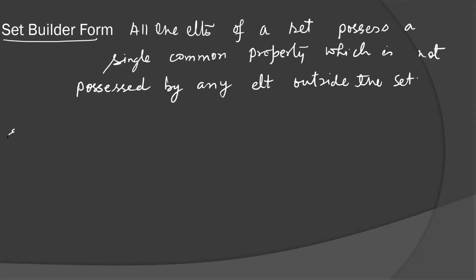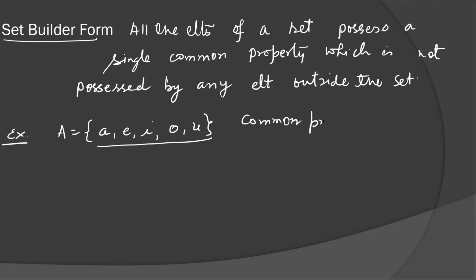For example, if we take any set A, a set of vowels, suppose A, E, I, O, U. So except these elements, no element is a vowel, or you can write down no other alphabet possesses this property, because all the elements possess a common property. What is the common property here? All the elements of this set are vowels only.